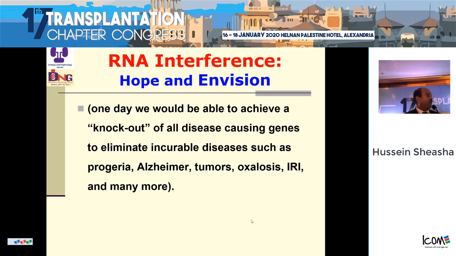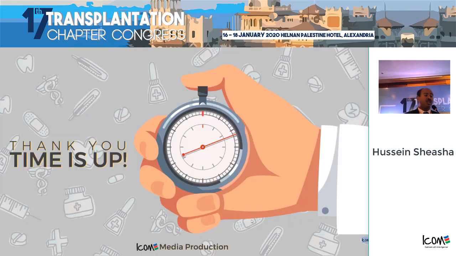So to reach my conclusion, one day we would be able to achieve a knockout of all diseases caused by genetic defects. Maybe this may be a dream hope for progeria, Alzheimer's, tumors, oxalosis, ischemia reperfusion injury.